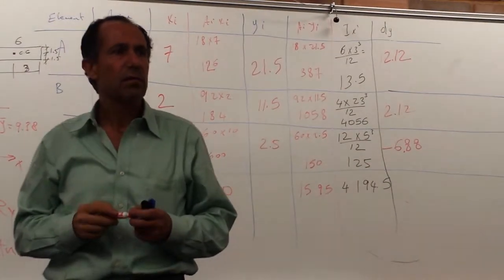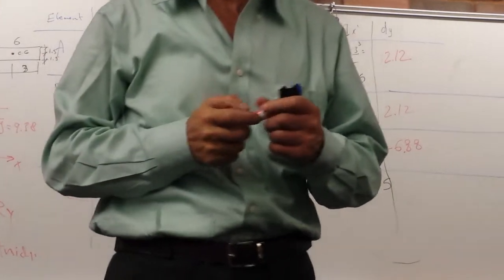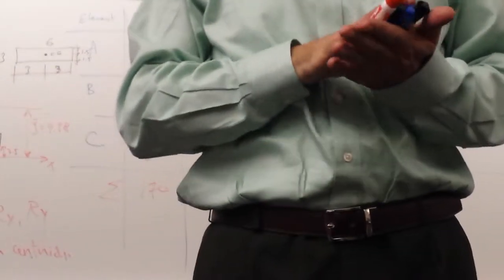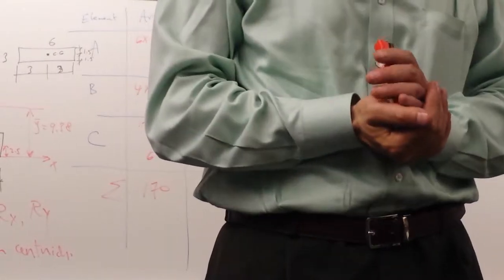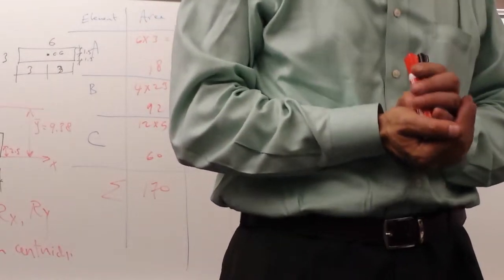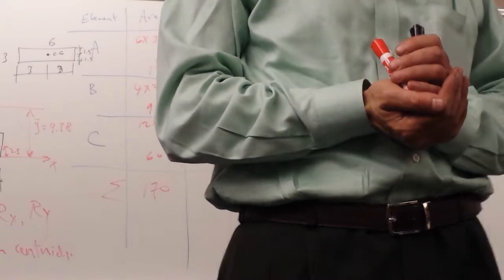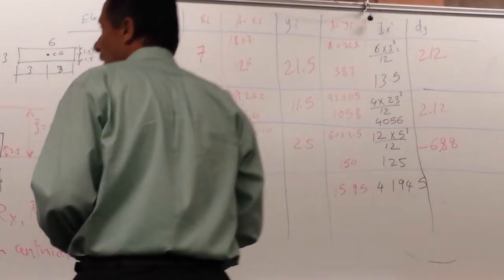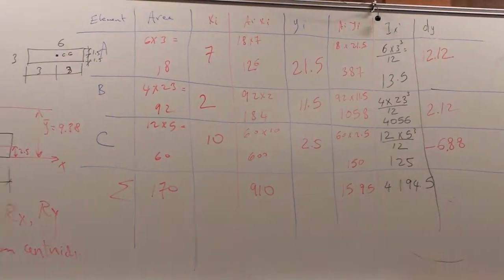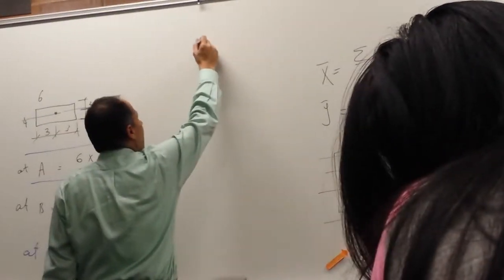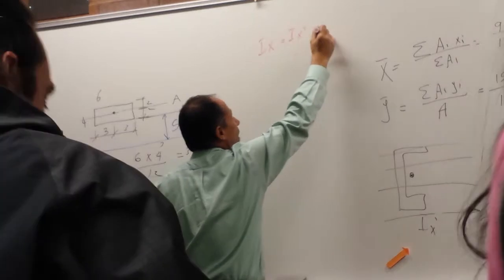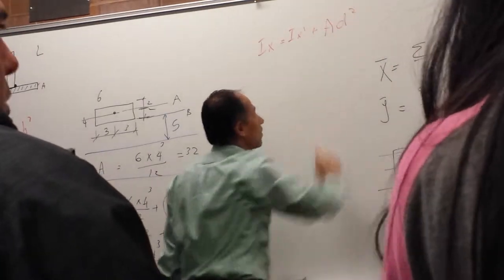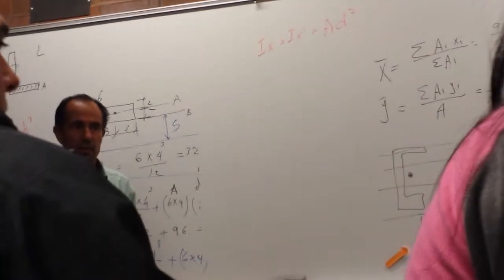Good point. Do we care about negative and positive? In this situation, we don't, because we are going to use d squared. The theory says Ix equals Ix prime plus A d squared.